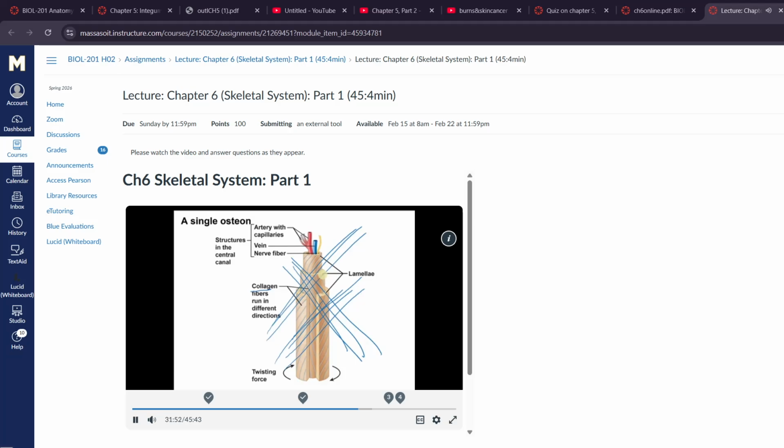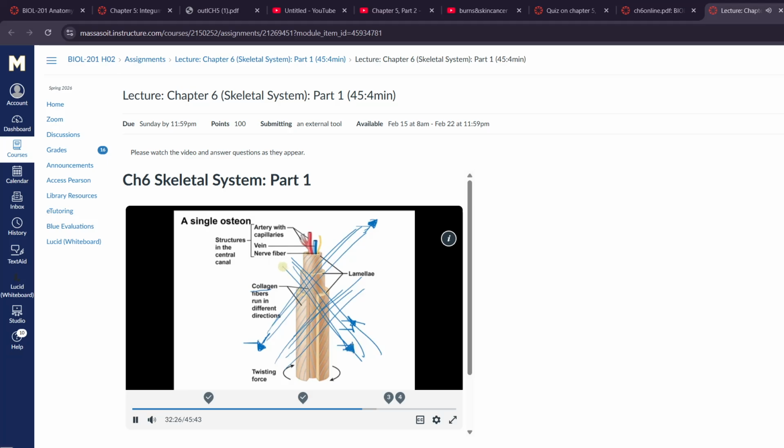So keep in mind that the direction that the fibers are going, like in this particular one, they're going this direction, that means you can pull it that way. You could pull the bone in that direction, or you could pull it in this direction, and it wouldn't resist, it wouldn't tear. But it's also going in this direction. See that? It's also going in this direction.